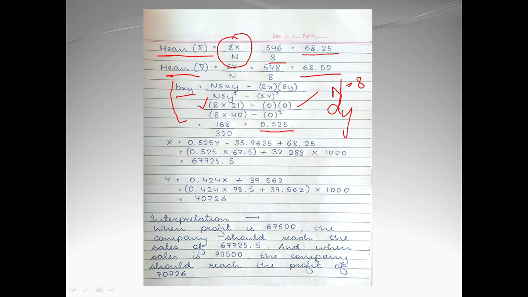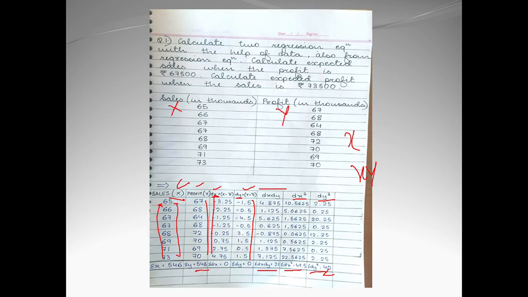Now we'll be putting this in our equation, that is x on y. Similarly, we'll be calculating y on x and we get this as y on x. Okay, now we have calculated the x on y and y on x, both the equations.